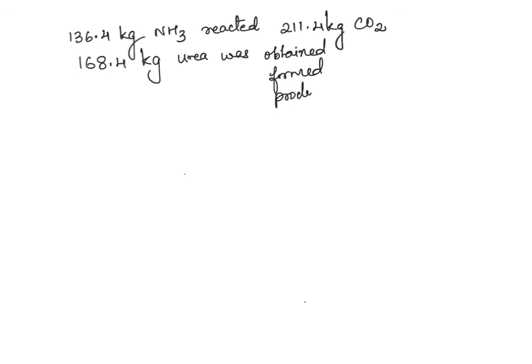They might use any of these terms. You might see any of these terms, right? So much ammonia was obtained. This term is telling us that someone actually found out how much was produced.